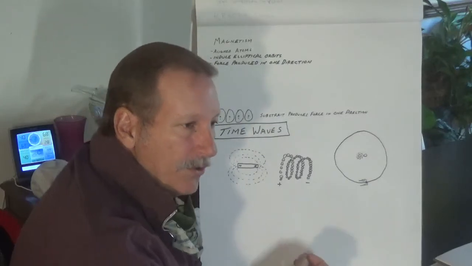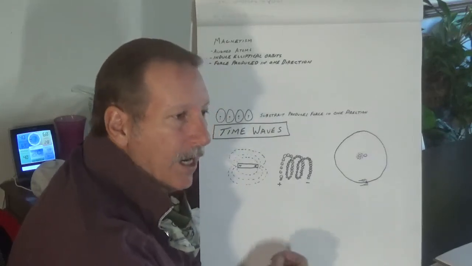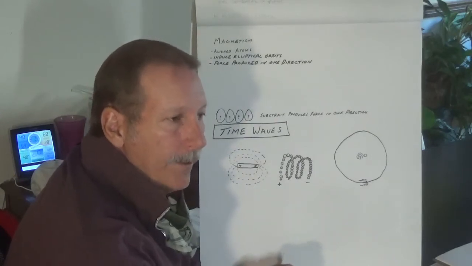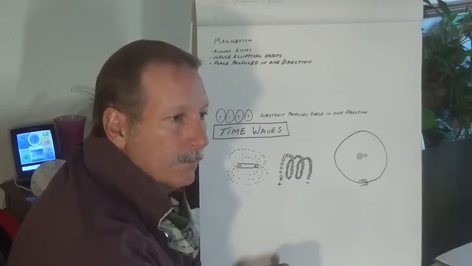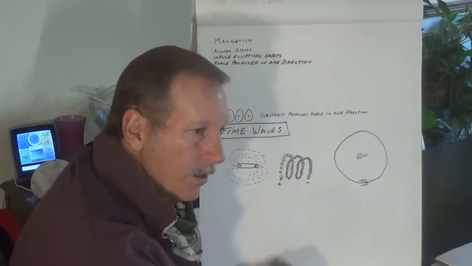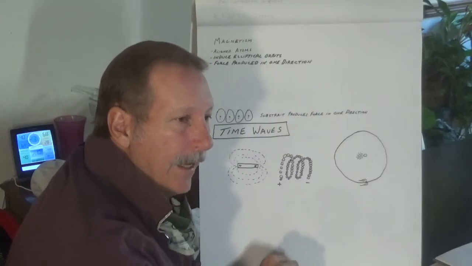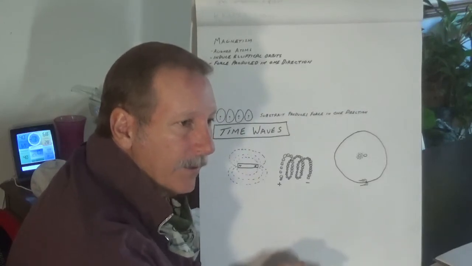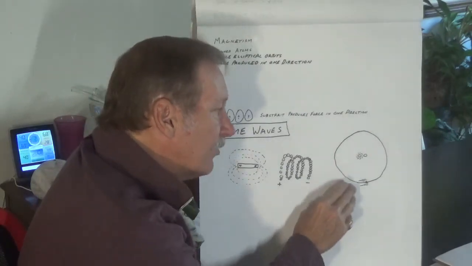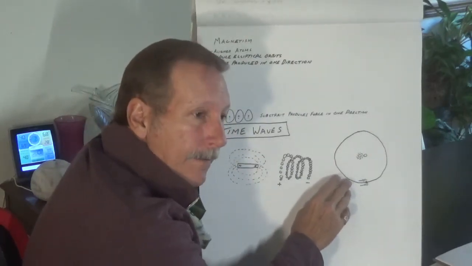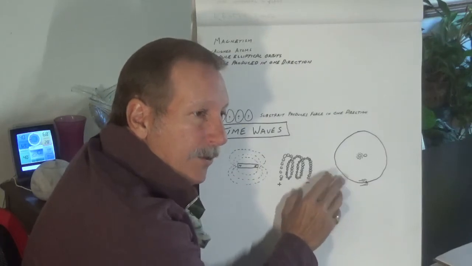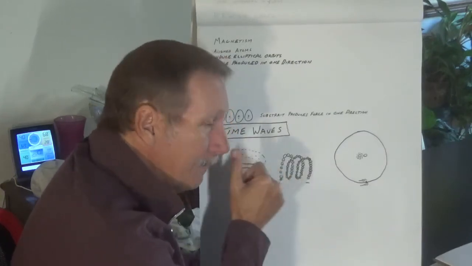That demonstrates part of the differences in the characteristics of infrared, visible light, microwaves. All of those are time waves, and they behave differently based on the frequency and how that frequency relates to the scale of the atom and its ability to change motion.